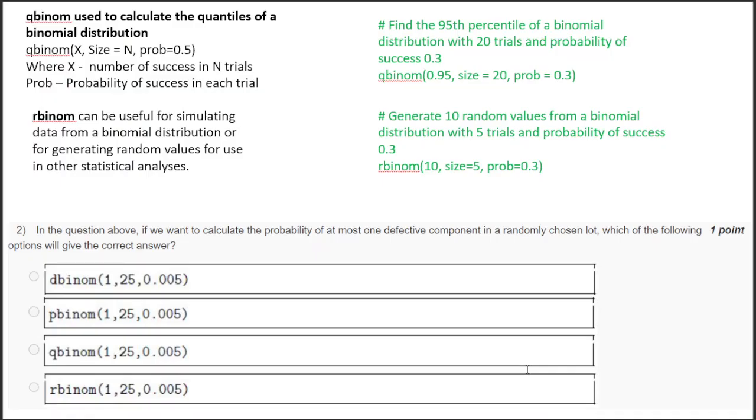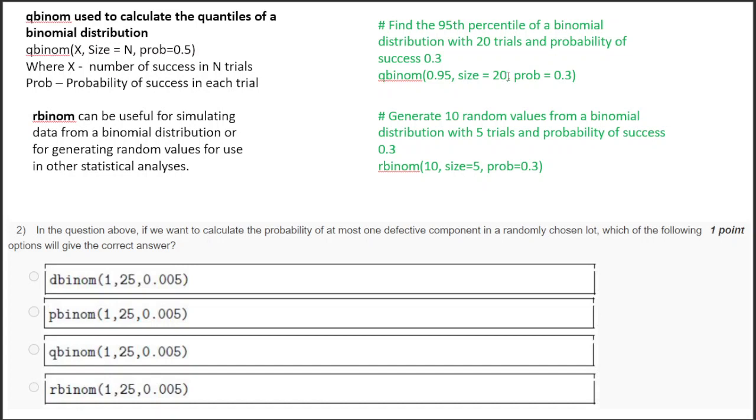qbinom is used to calculate the quantiles of a binomial distribution. For example, we more frequently see quantiles in CAT examinations, such as the number of people getting the 95th percentile. To calculate that, we give the percentile as 0.95, and the size is however many people are writing the exam.